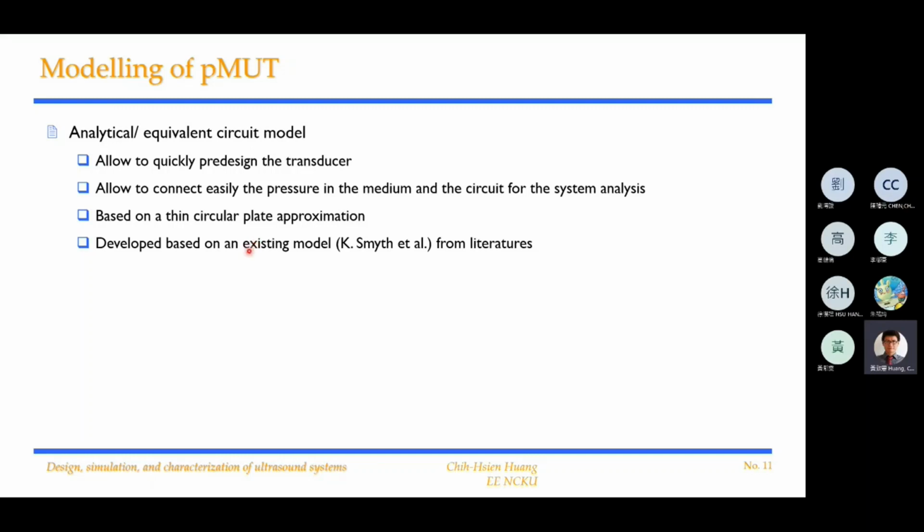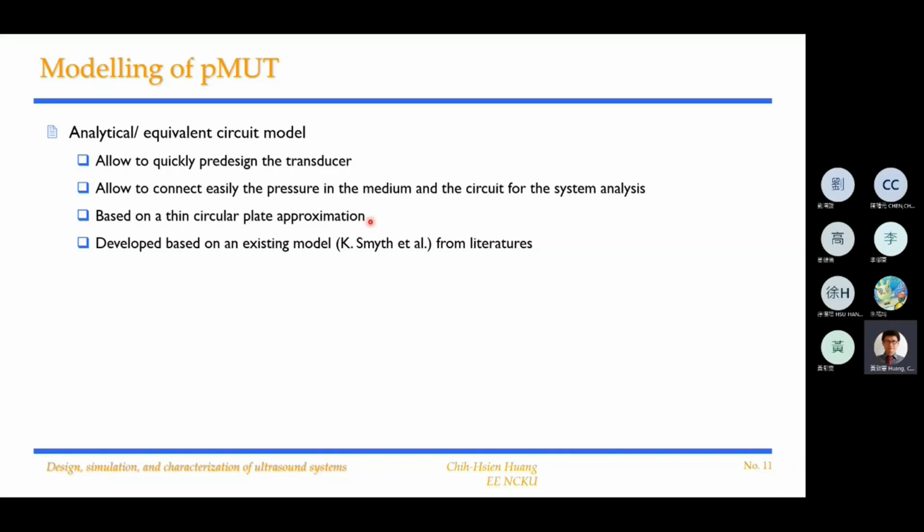Here it is a thin circular plate. So we already assume all of the simulation we want to do is a thin circular plate. If you come with a square plate, the result will not fit into this simulation.